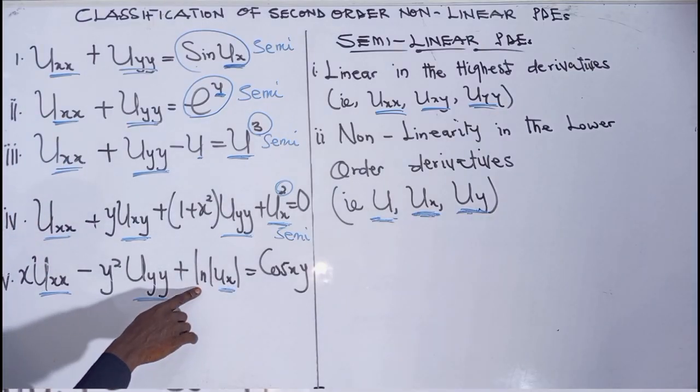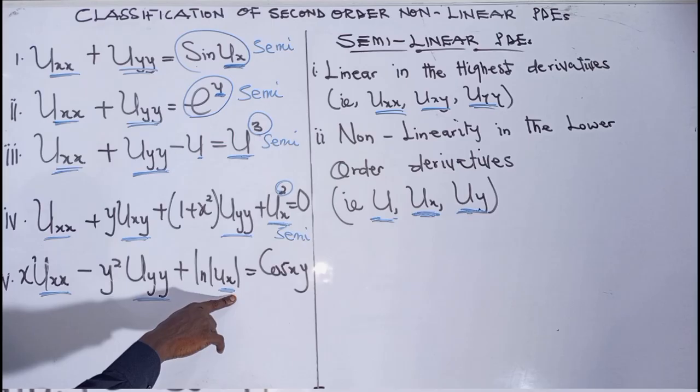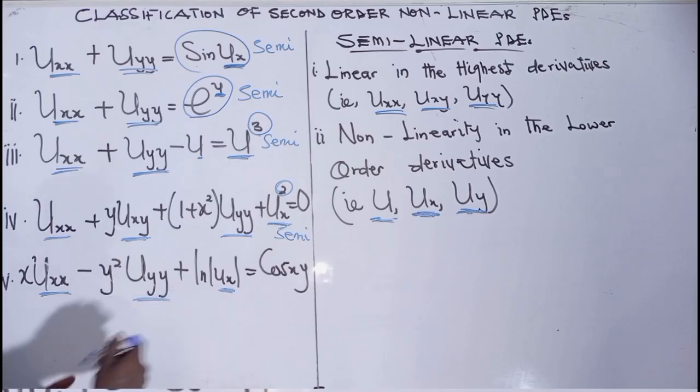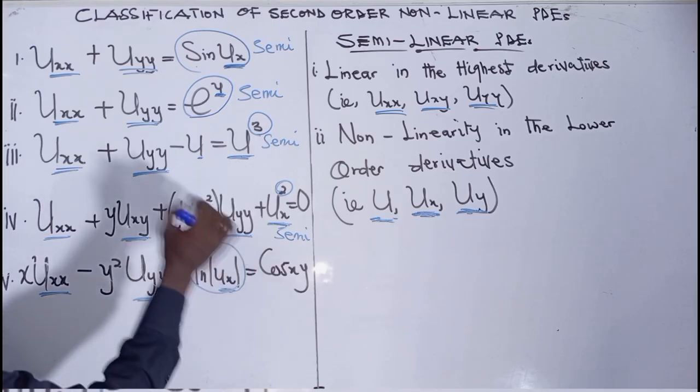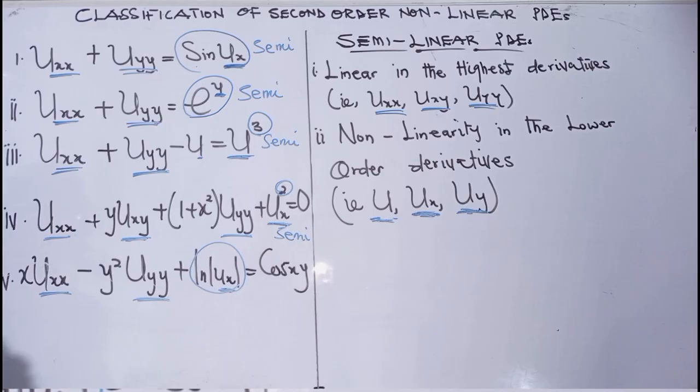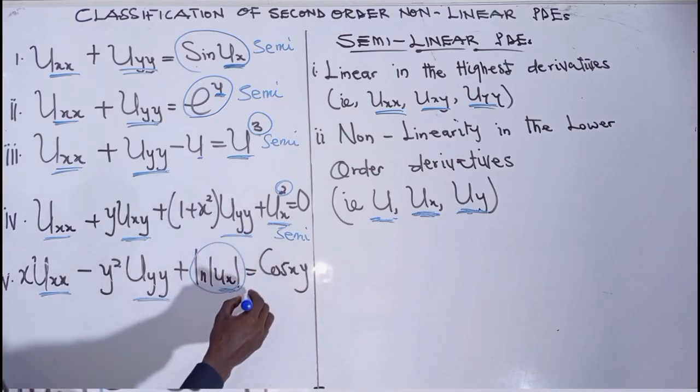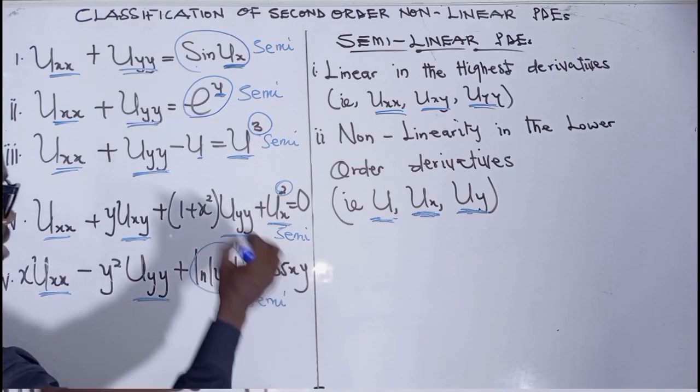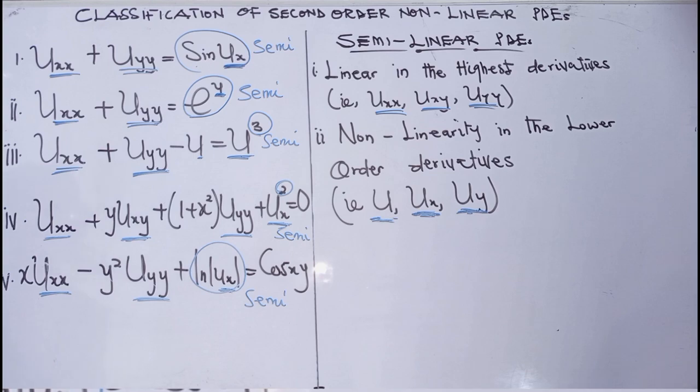We have a transcendental function on the lower order derivatives. And if that happens, this makes the PDE nonlinear. And the type of nonlinear is what? A semi-linear, because the non-linearity is on the lower order derivative. Very, very easy and simple.